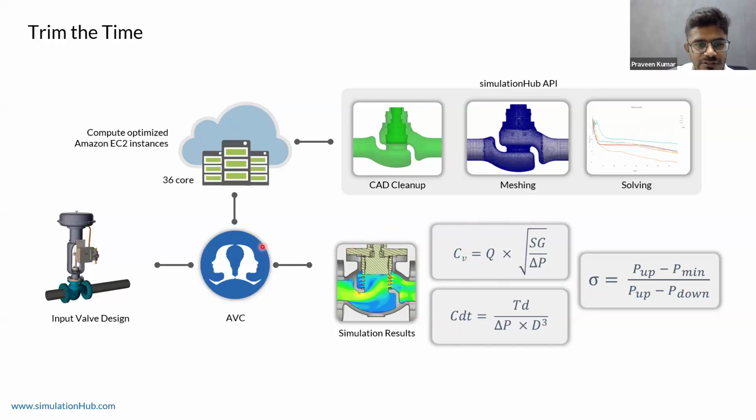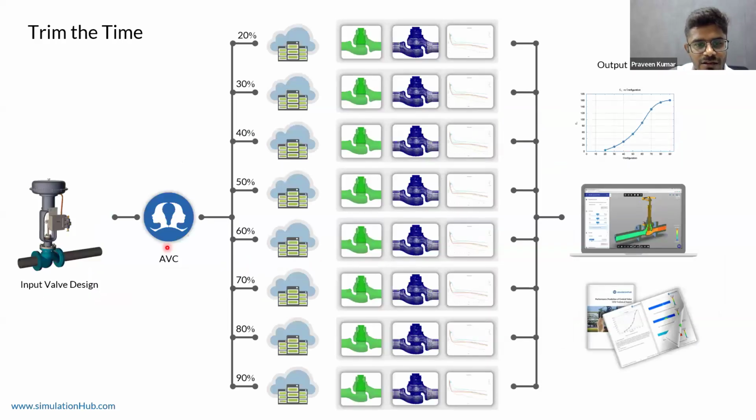This is not just for one opening. You get all percentage openings at the same time, the same process happening in parallel. So at the end of 1 hour, you'll get the complete capacity as CV curve, CDT curve, and index information for the whole range of operation.